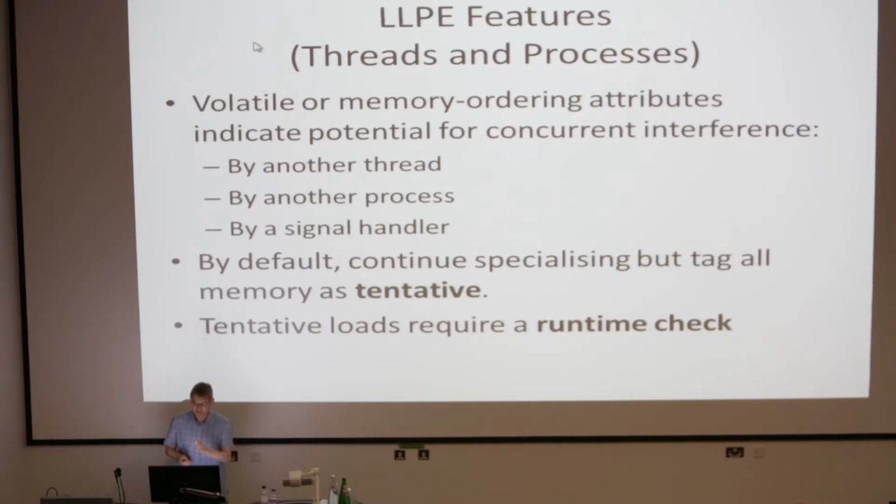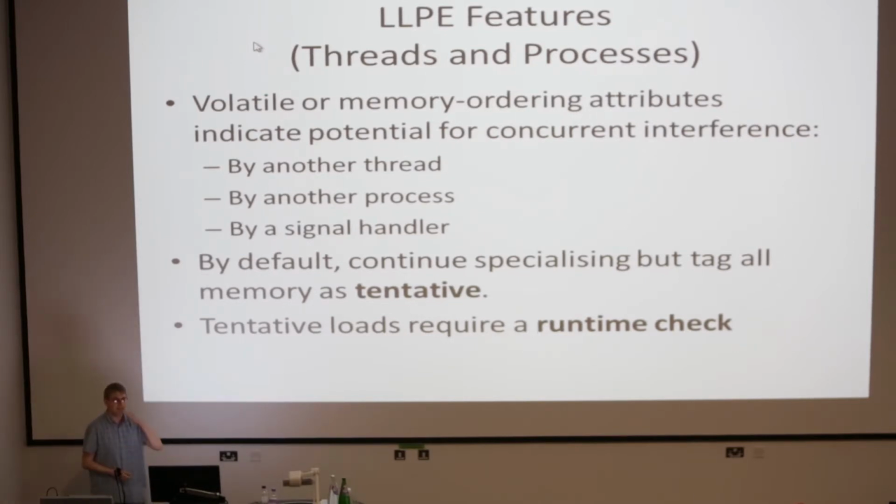If the check passes, however, we can then tag the memory non-tentative concrete again, and that means that we don't need to check that particular location again until such time as there is further concurrent action.